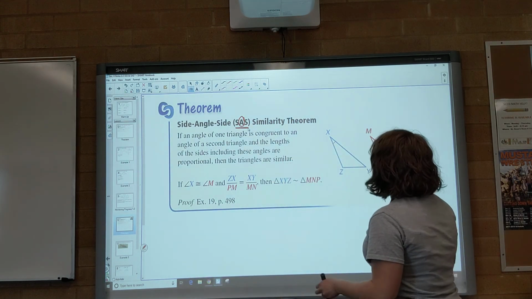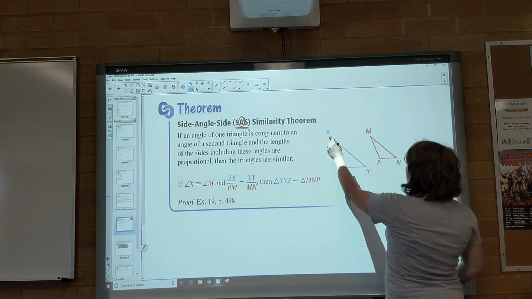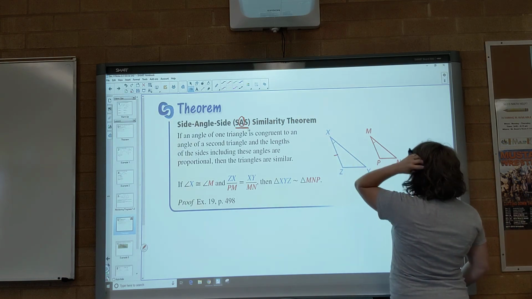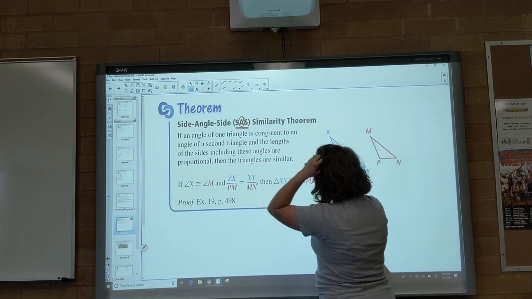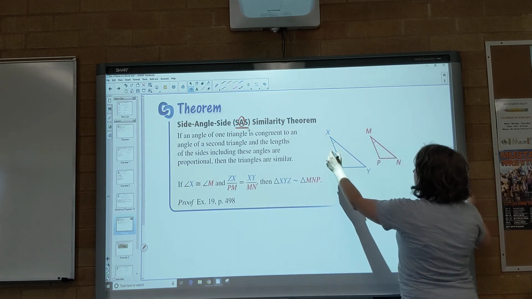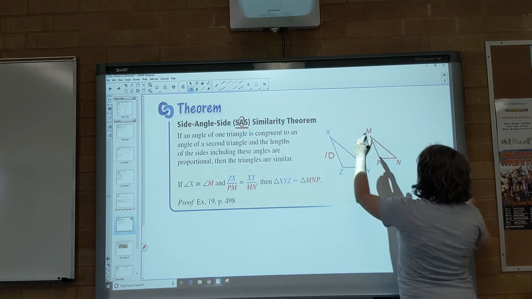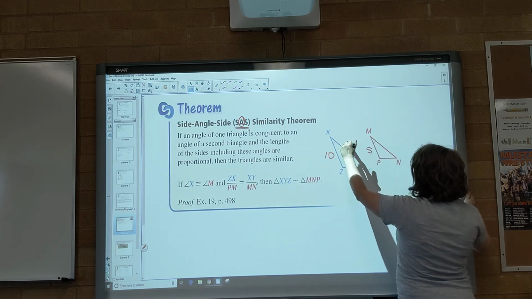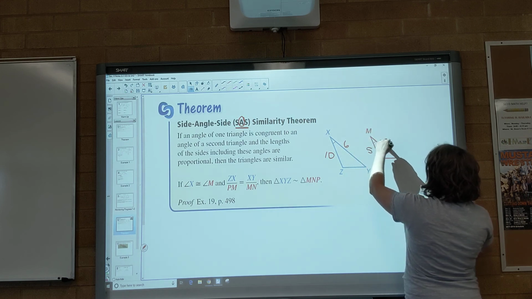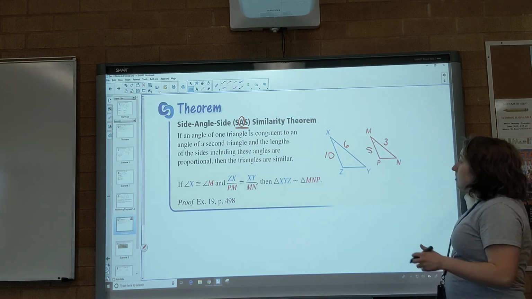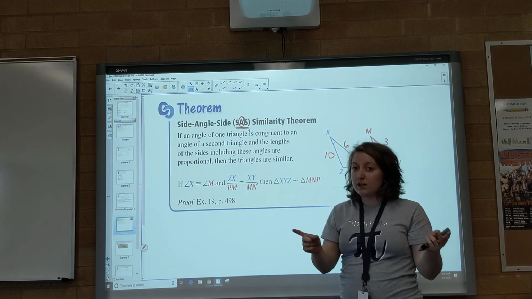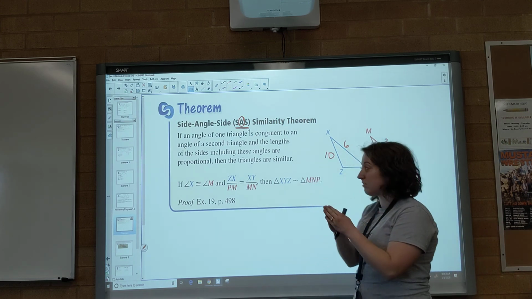Okay, so look at this, like if we said that XZ was not congruent, I'd have to put a number. Okay, so let's say XZ is 10 and MP is 5, and then XY is 6 and MN is 3. Okay, the two sides that I have, there's an angle in between, so that's good. We gotta check and make sure the angle actually is in between the two sides.